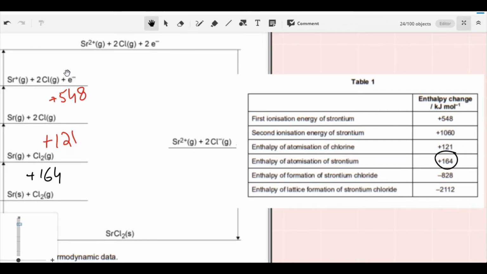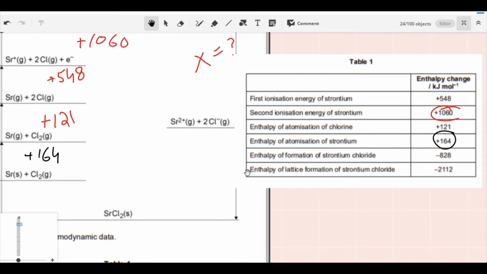So we use the second ionization energy, that is 1060. Next, the 2 chlorine atoms gain 2 electrons and convert into 2 chloride ions. That is the electron affinity that we have to find. Let's suppose we write X. That is unknown, so we have to find it.